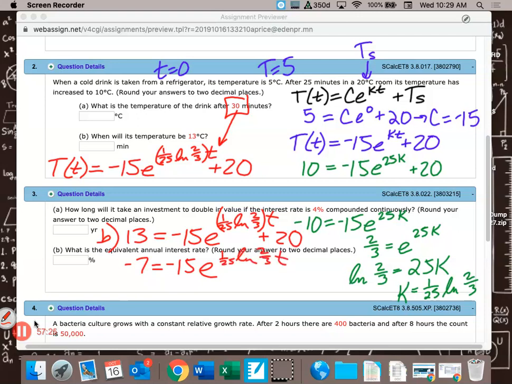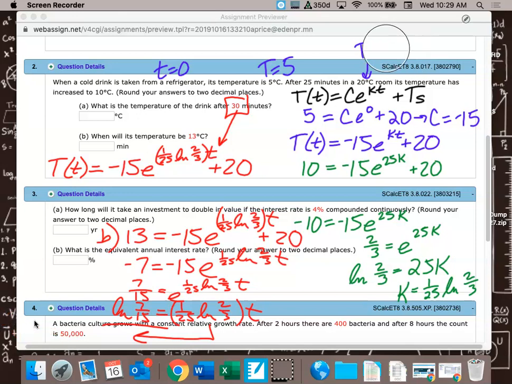Then divide by negative 15, so I get 7/15 equals e^((1/25 ln 2/3) t). Then I ln both sides: ln 7/15 equals 1/25 ln of 2/3 times t. To solve for t, you just divide ln 7/15 by that whole thing, and you get a time. All right, and that's it.